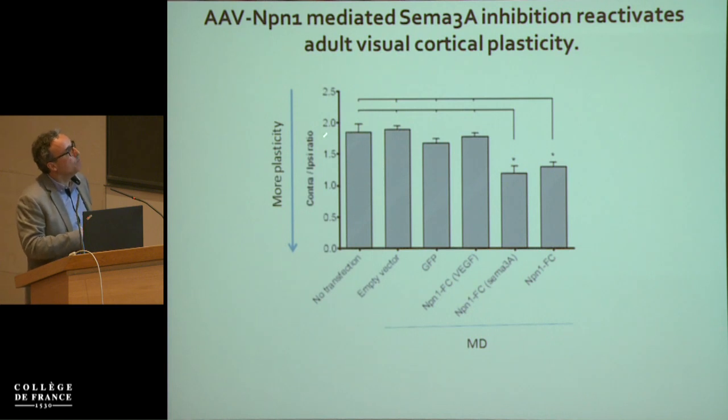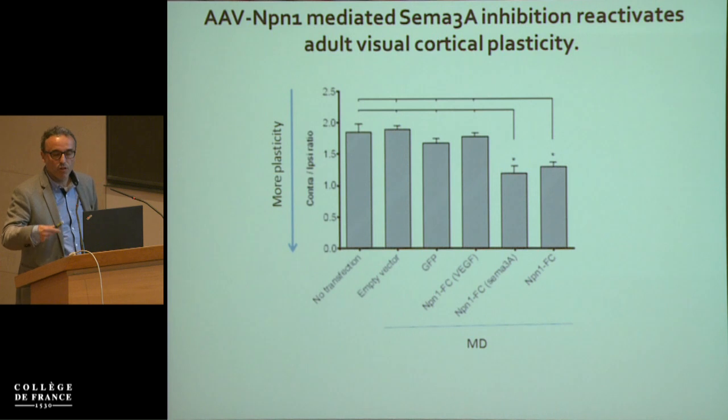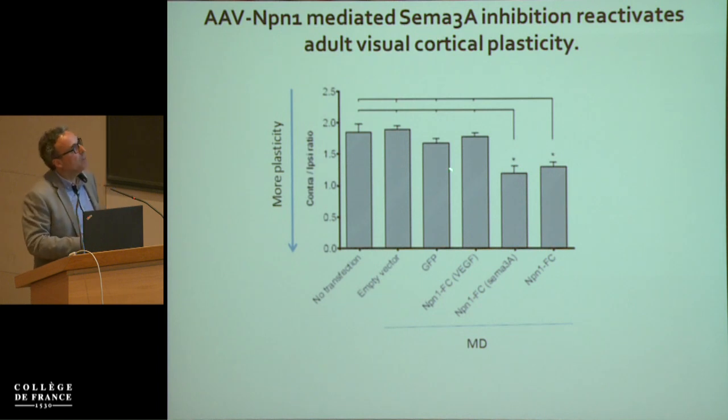And if you have low values, it means that ocular dominance was present, so it indicates plasticity. This is basically control, non-deprived, no transfection rats. These are the rats injected just with the empty vector expressing GFP, or the one that binds to VEGF. And for all these conditions, you don't have any plasticity.